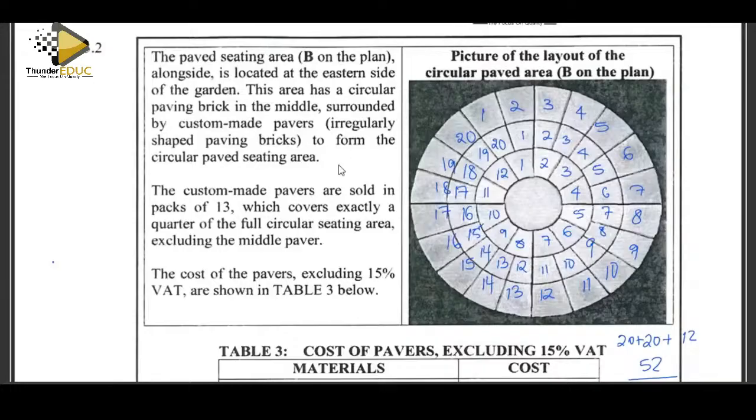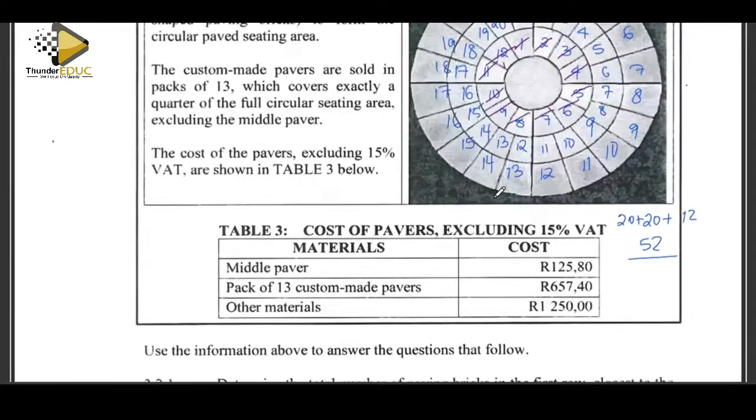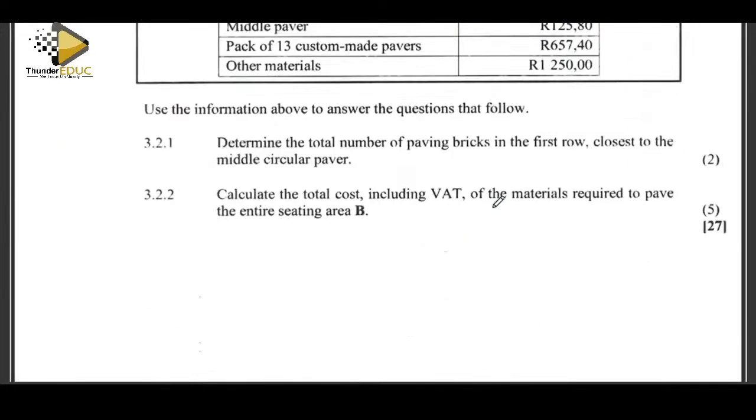When you count these numbers here, we have 1, 2, 3, 4, 5, 6, 7, 8, 9, 10, 11, 12. We are seeing 12 of them. We have 12 pavers, paving bricks.